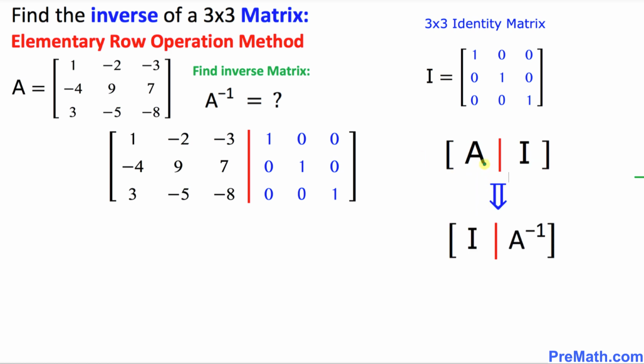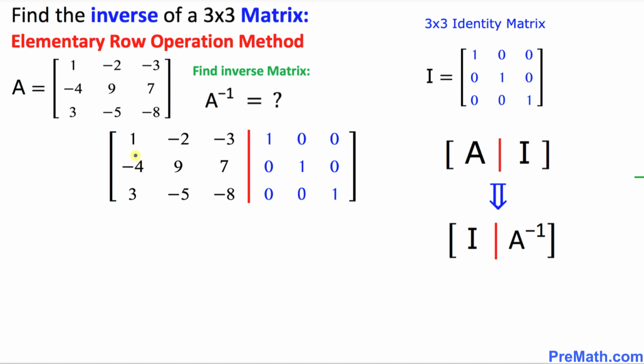Our task is to make sure that matrix A is transformed into an identity matrix, then automatically the right-hand side matrix will become the inverse matrix. So now let's get started with our elementary row operation.